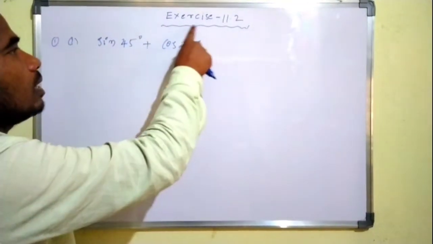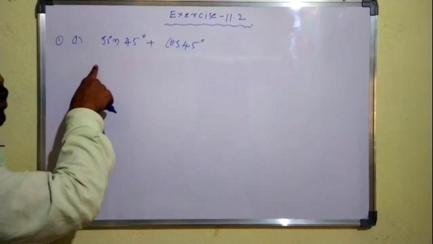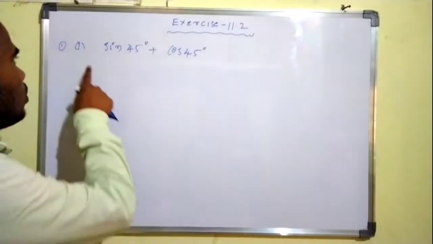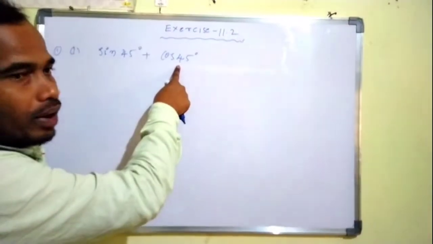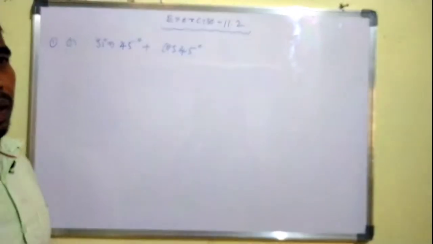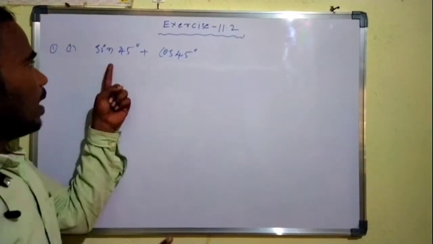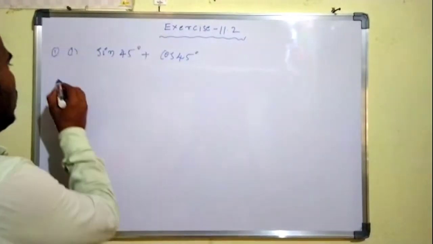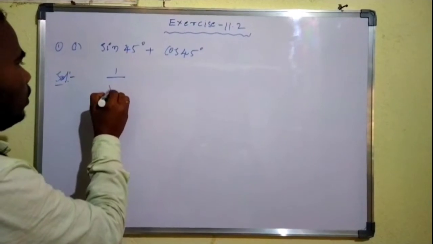Now exercise 11.2, first bit. Evaluate these values. The first question, what is given? Sin 45 degrees plus cos 45 degrees. Sin 45 degrees, you can look up in the trigonometry table. That is 1 by under root 2.